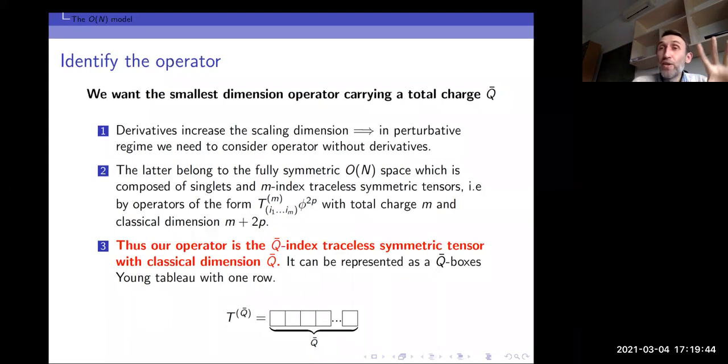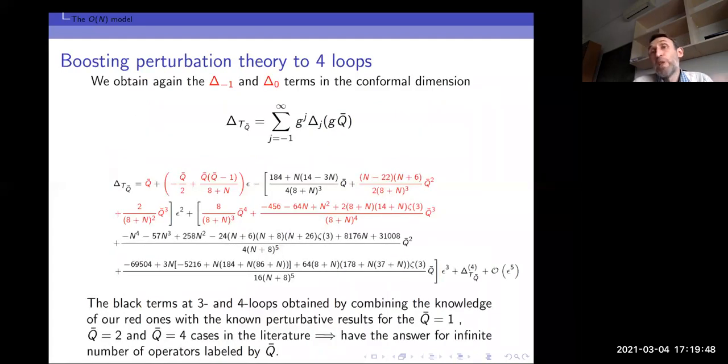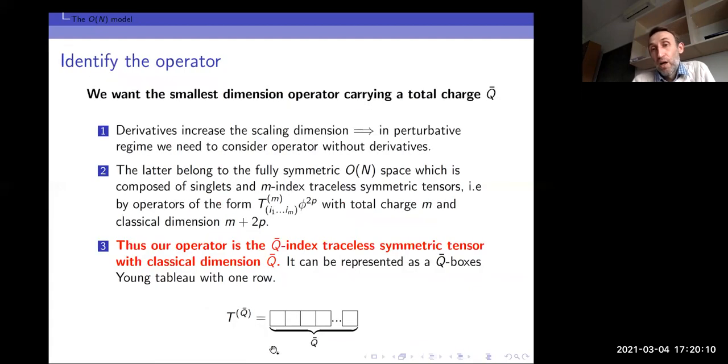So now that we identified the operators which correspond to our computation, we can compare in principle with the literature, where for the traceless symmetric tensors the results are known in standard perturbation theory around the uncharged vacuum, just standard Feynman diagram calculations. Results are known up to 4 or 5 loops sometimes, but only for operators with a small number of indices: 2, 3, 4 index symmetric tensors, which means 1, 2, 3, 4 boxes.